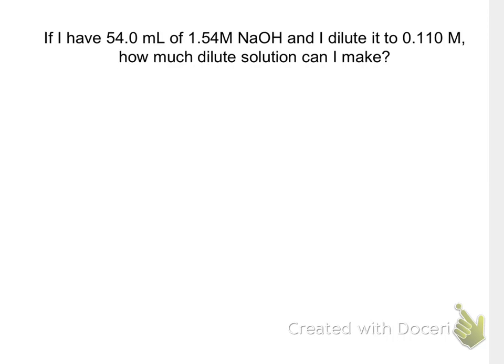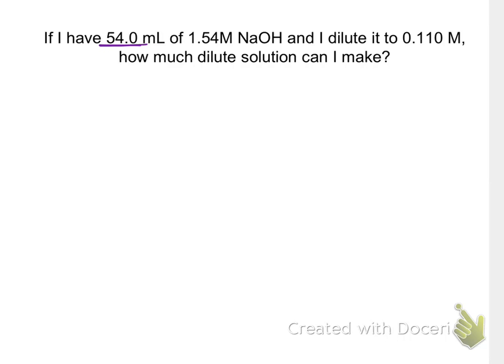So in this problem, it says if I have 54 milliliters of 1.54 molar sodium chloride solution, and I dilute it to 0.110 molar, how much dilute solution can I make? And this is actually something that I often ask myself when I'm trying to make stuff for a lab. I have a certain amount in my stock room.